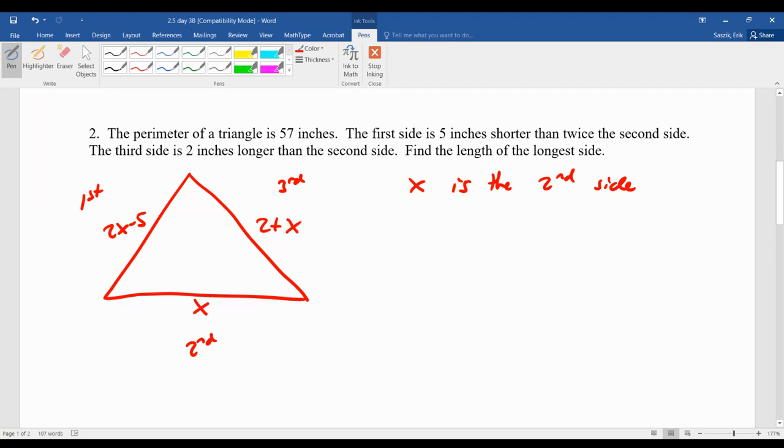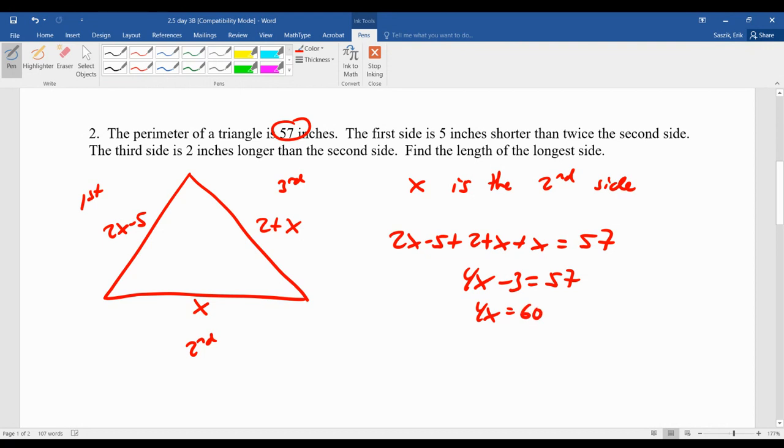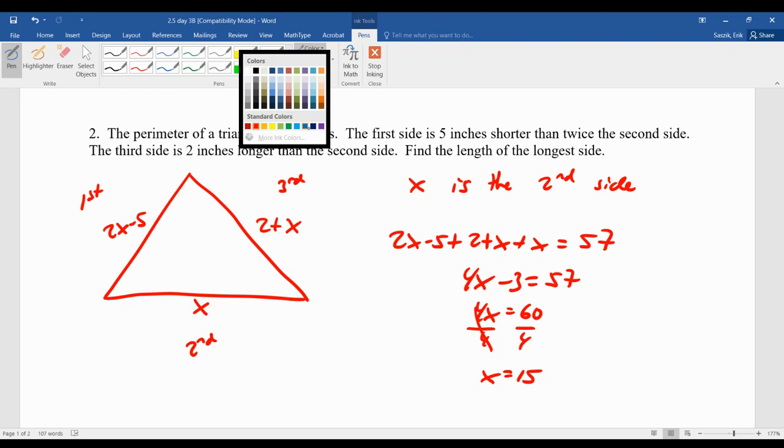There we go. Now remember, they told us the perimeter is 57. So let's add up all those things and set it equal to 57. x plus... so we've got 4x, I'm combining like terms, minus 3 equals 57. Move that 3 over, turns that 57 into 60. x equals 15. Now it says find the length of the longest side. So we still have to do that.